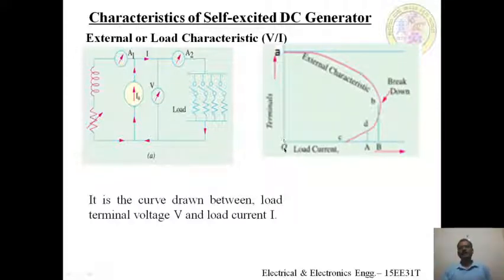In the characteristic curve, OA is the EMF induced at no load. As load is increased, due to the armature reaction and armature resistance drop, voltage starts decreasing. This is called the dropping characteristic.